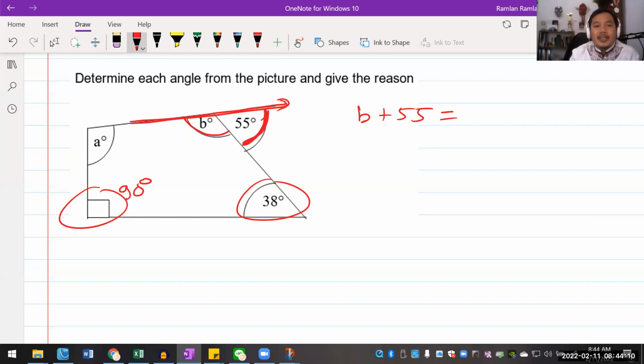What do you think is the connection between the B and the 55? They are on the same line. Yeah, that's on the same line. So what is the size of the angle of a straight angle? Not sure, Pak.